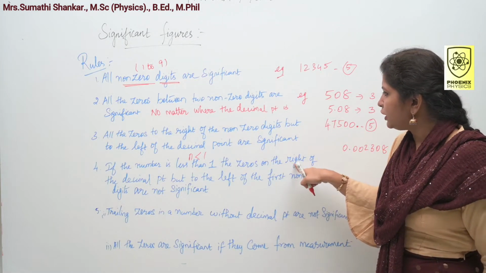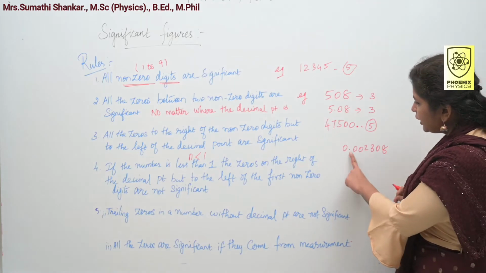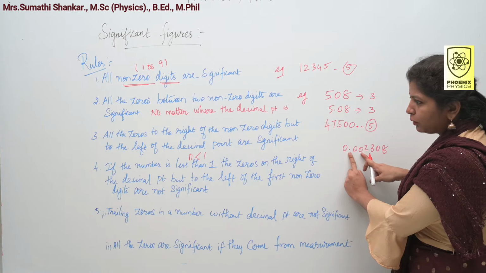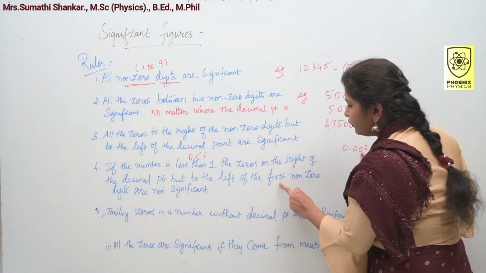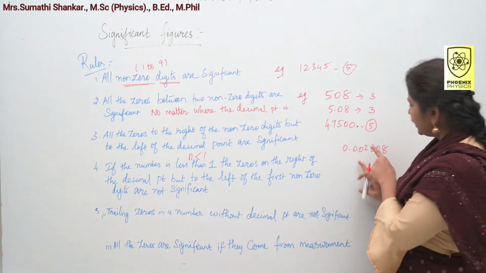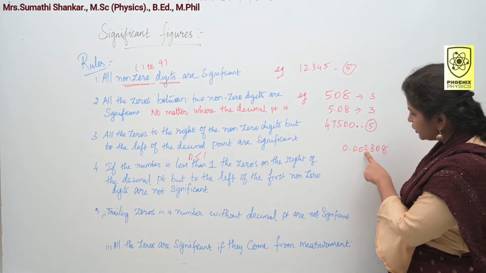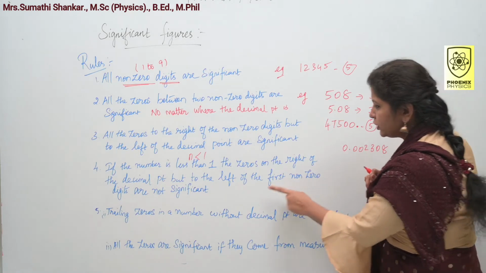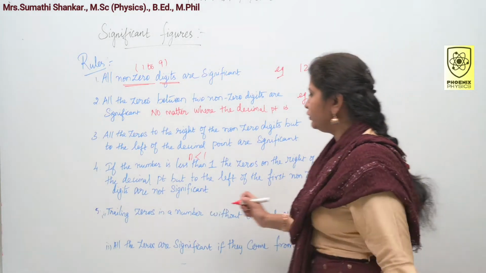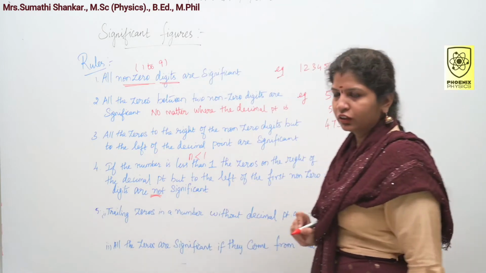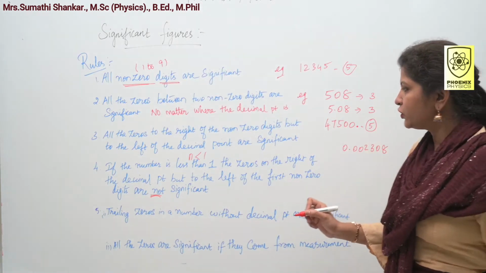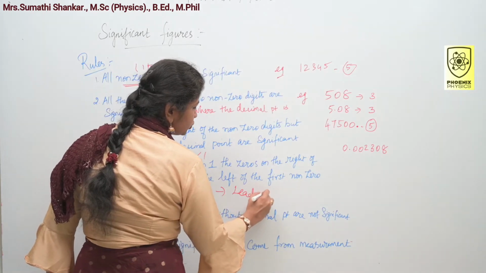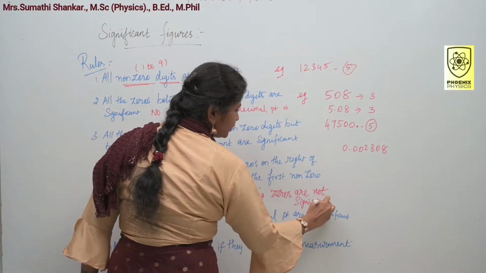The zeros on the right of the decimal point, here this is my decimal point, but to the left of the first non-zero digit, this is my first non-zero digit, are not significant. Or simply we can say leading zeros are not significant. What is a leading zero?